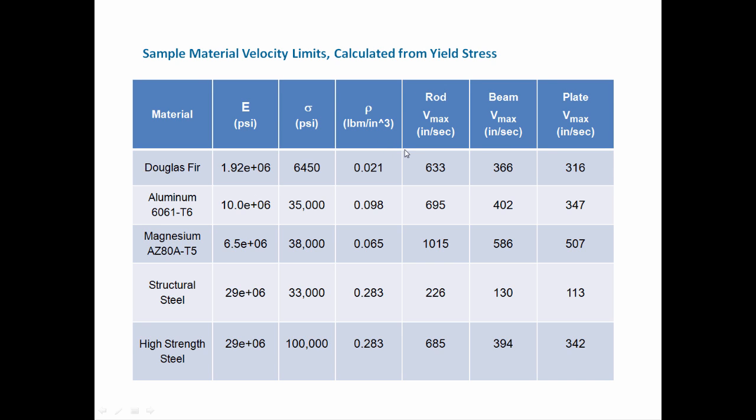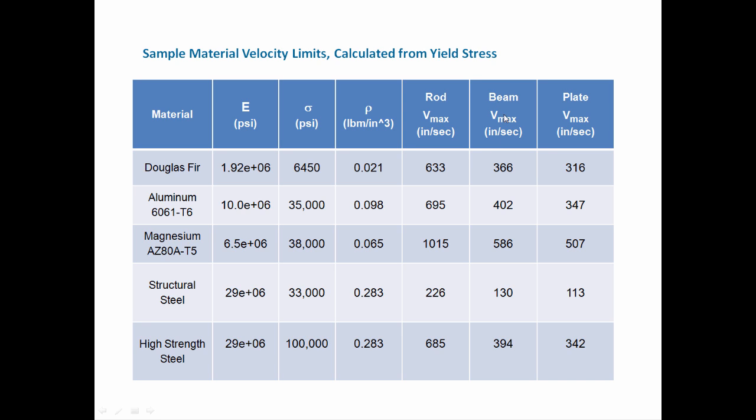What they've done instead is they've looked at this yield stress, and then using the stress-velocity relationship, and of course using these material properties in conjunction with that, they've calculated or backed out what the corresponding velocity thresholds would be for yielding for these different materials in these different geometric configurations.